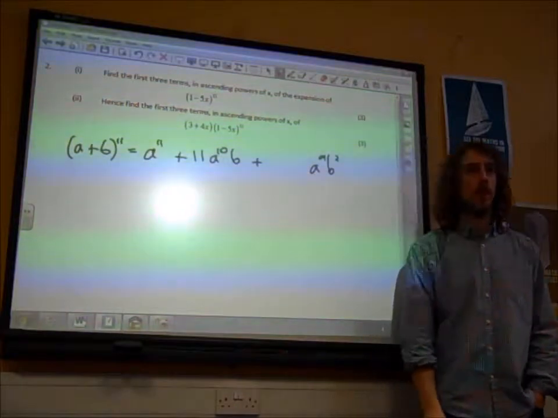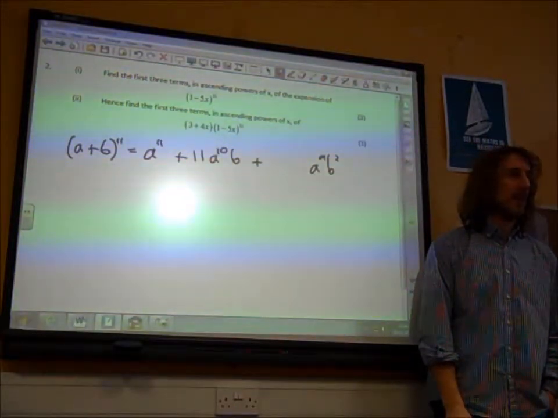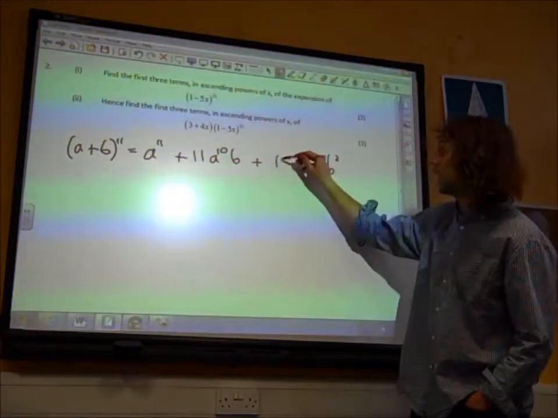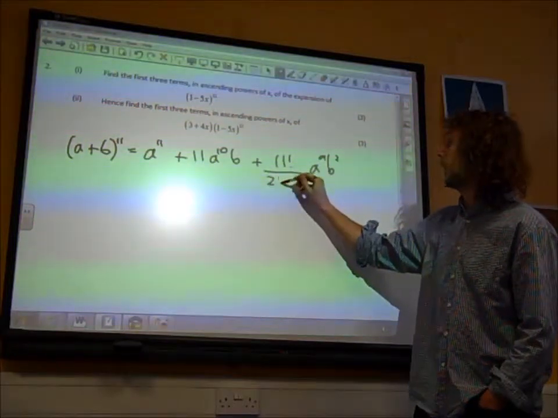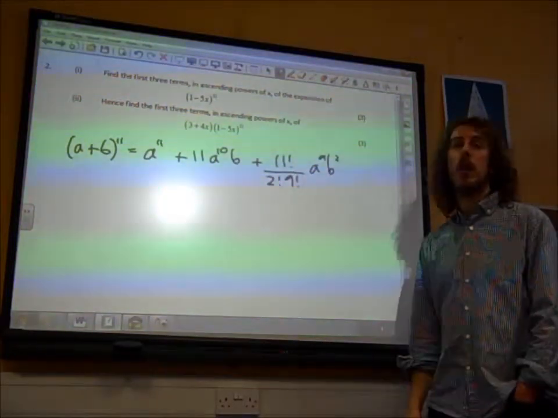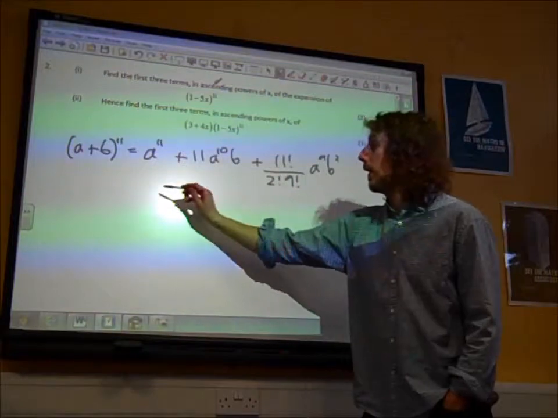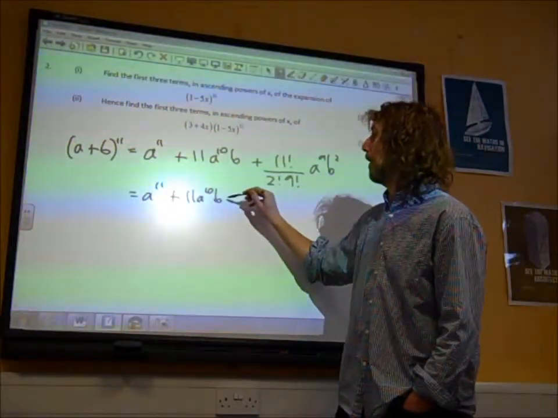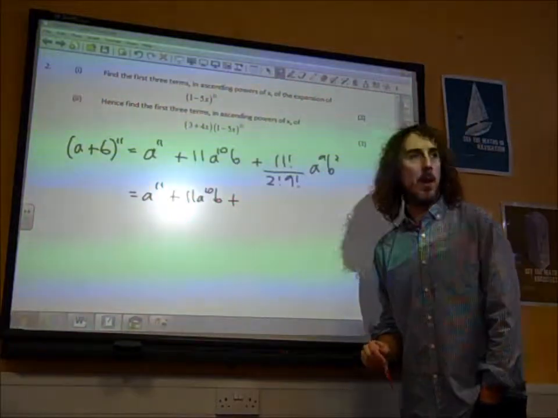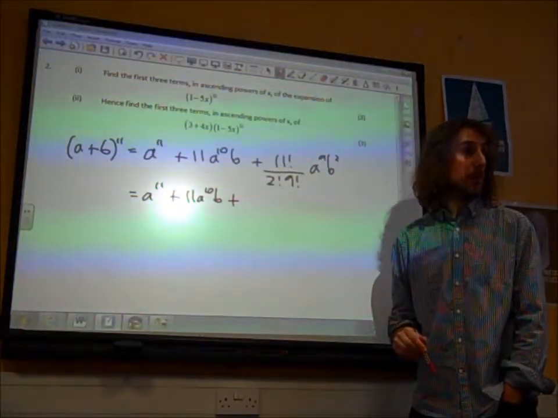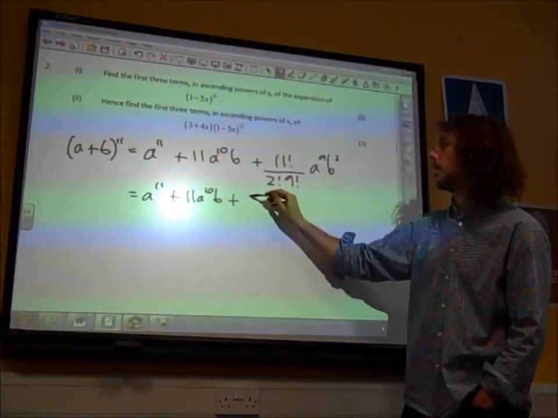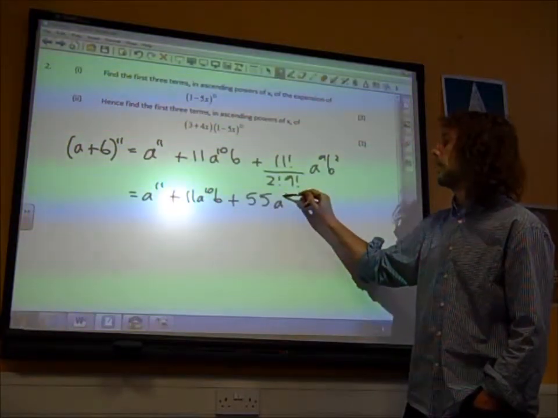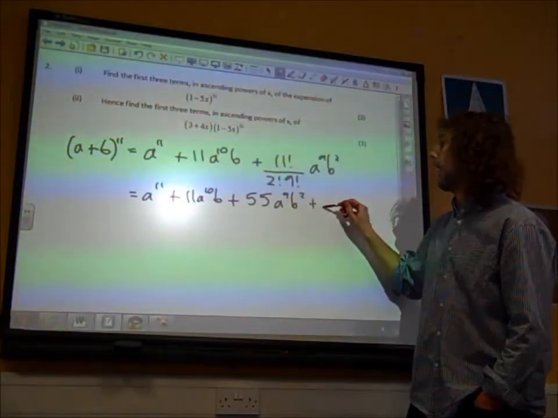With 9 and 2 appearing there, it must be 11 factorial over 2 factorial, 9 factorial. And so that's a to the 11 plus 11 a to the 10b plus, that's 55, a to the 9b squared. And then it would go on.